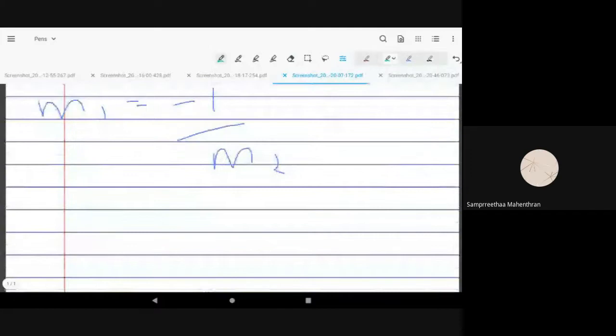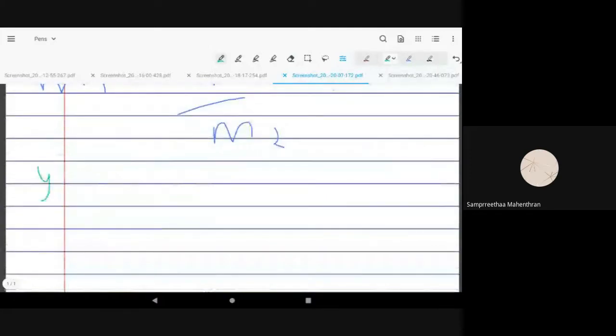So we have 3y minus x plus 7 equals 0. So next we want to change into y equals mx plus c.